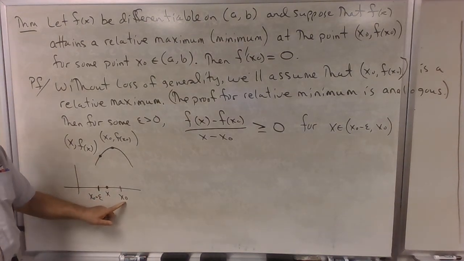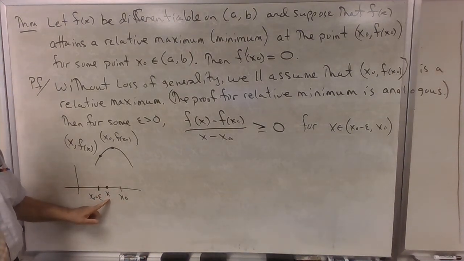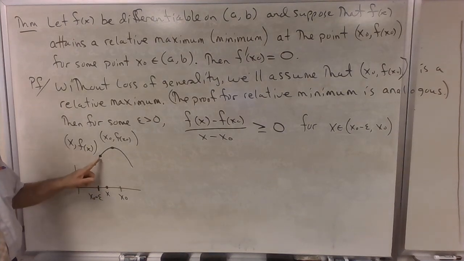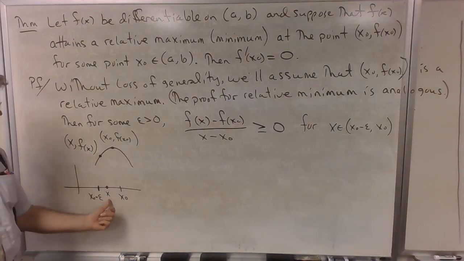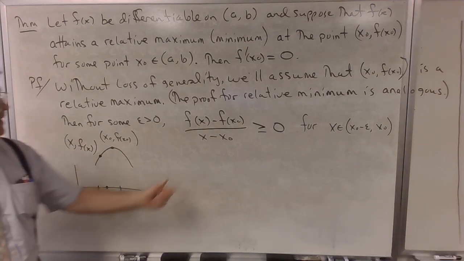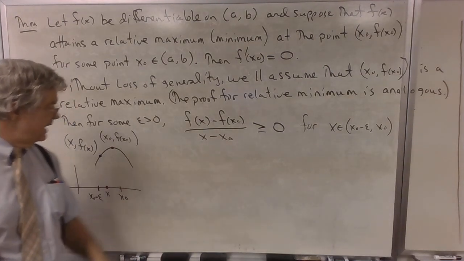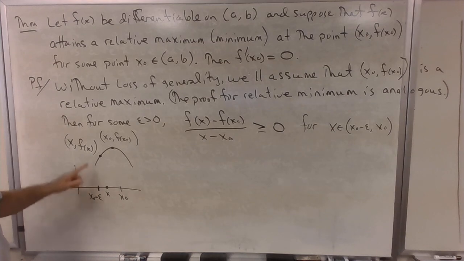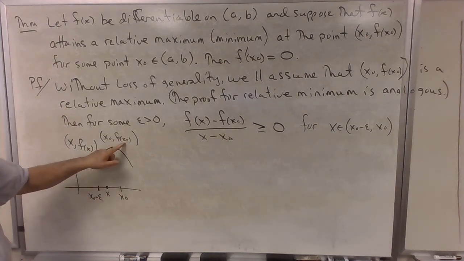So for values of x to the left of x naught, this is what the point x, f of x looks like. And notice that since x is to the left of x naught, x minus x naught is negative. And notice that f of x is less than f of x naught.